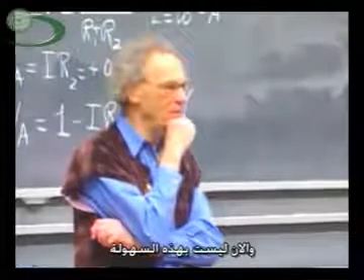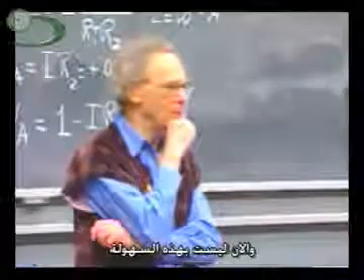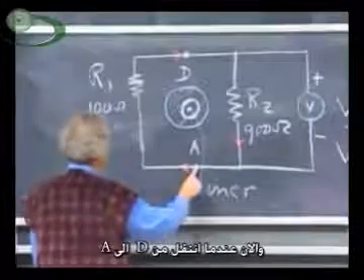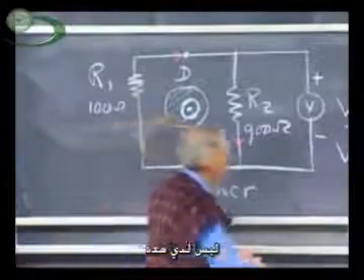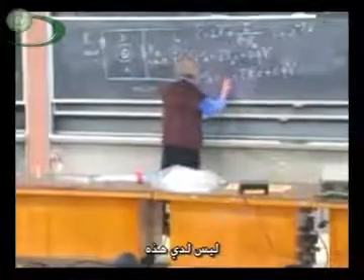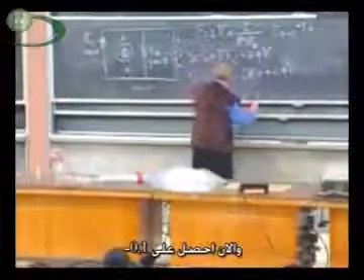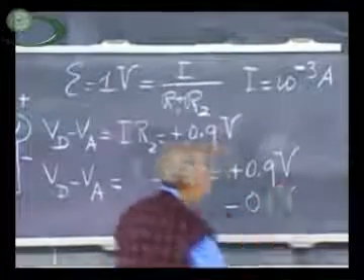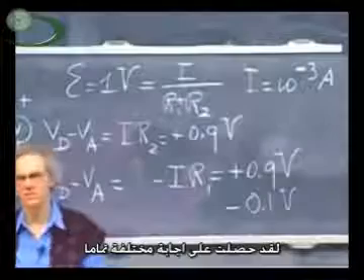And now, it's not so simple, because there's no battery. And so now, when I go from D to A, I don't have this 1. And therefore, I now find minus 0.1 volts. I find a totally different answer.